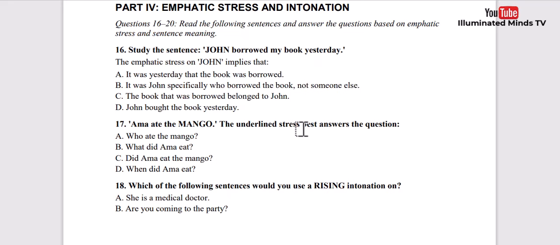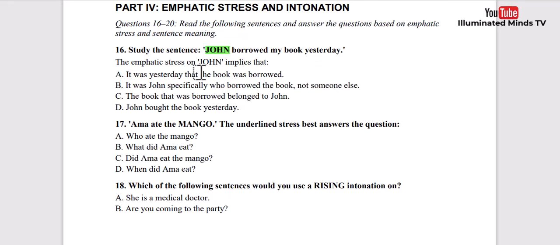The instruction says, read the following sentences and answer the questions based on emphatic stress and sentence meaning. So, question 16 says, study the sentence. John borrowed my book yesterday. Now, the emphatic stress is supposed to be on what? John. Alright, so all our focus is on the subject. John borrowed my book yesterday.